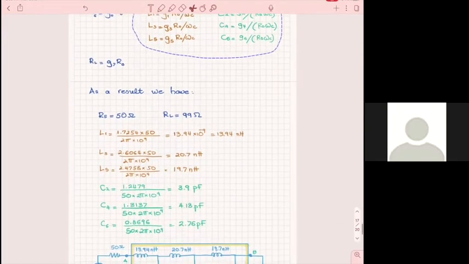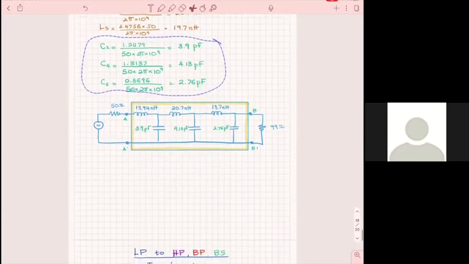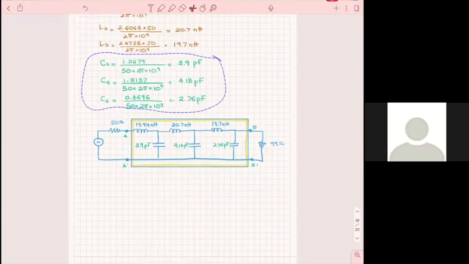And at the end, if we do this and make the calculations, see what happens. We find all of our inductors in nanohenries, they come out to be nanohenries if you put all of the units there, and the capacitors in picofarads. And that is a filter that is low pass.